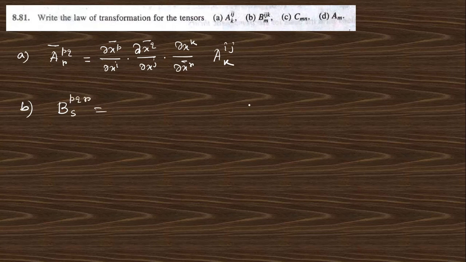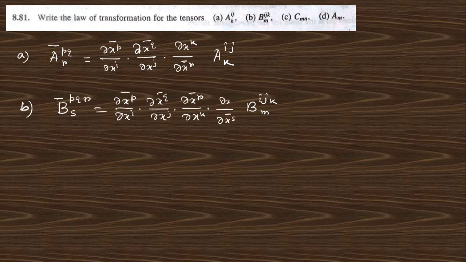On that side, B i j k m, so you need to write del x p bar, del x i, del x q bar, del x j, and del x r bar, del x k, and this s is lower, so del x s bar, del x m.